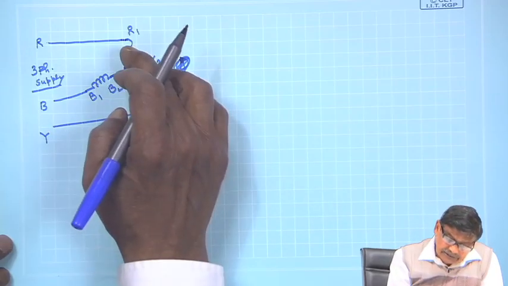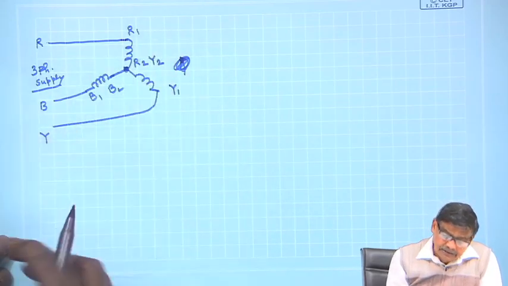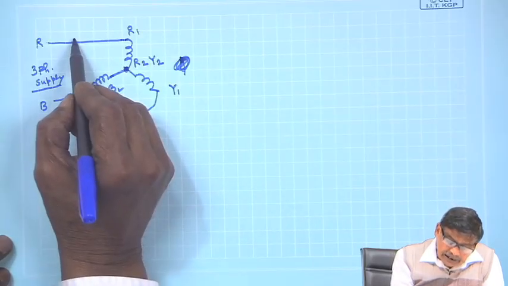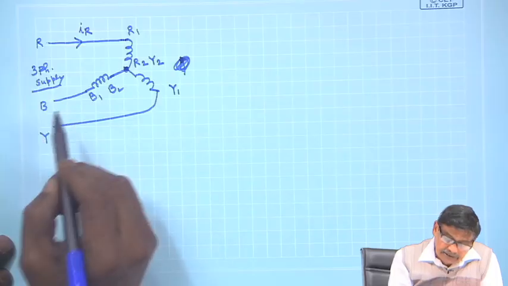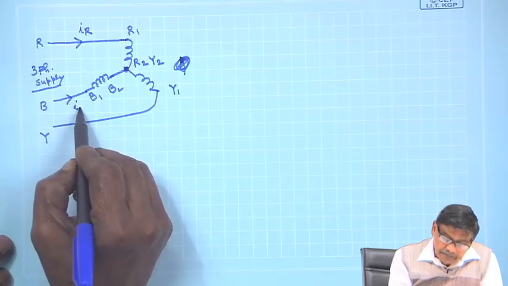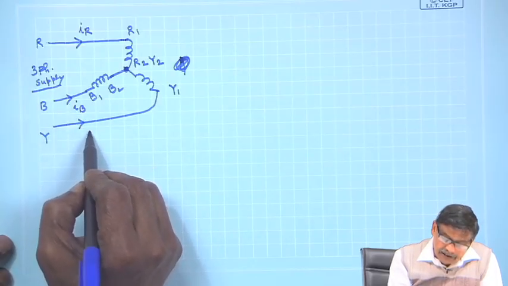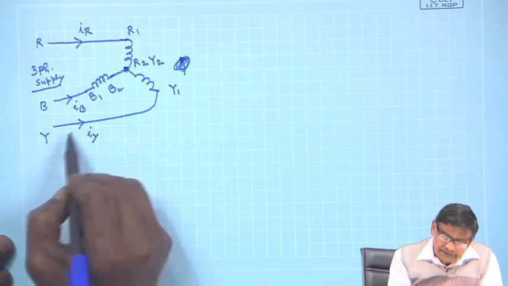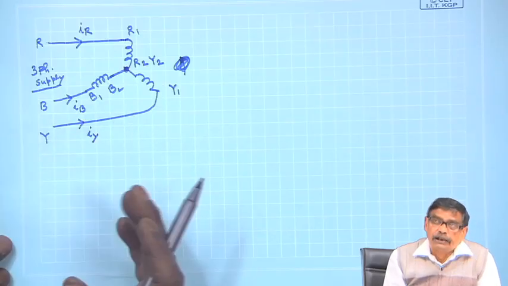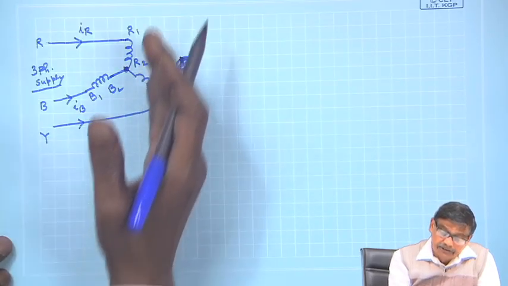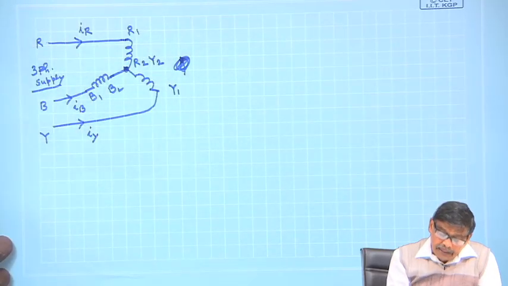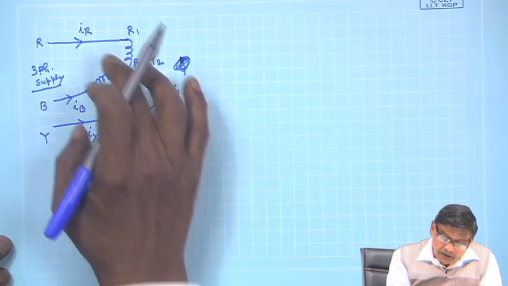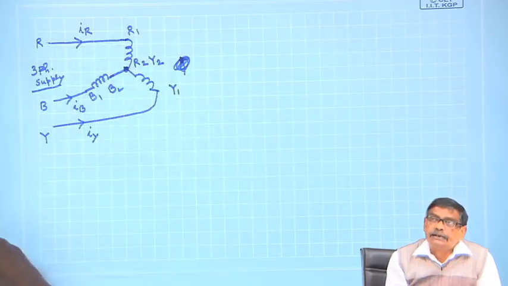Since these windings are balanced, they will take balanced 3 phase current, I R, I B and I Y. Balanced 3 phase sinusoidal current they will take, because it is a balanced load connected across a 3 phase supply. Therefore, each coil is carrying time varying current.